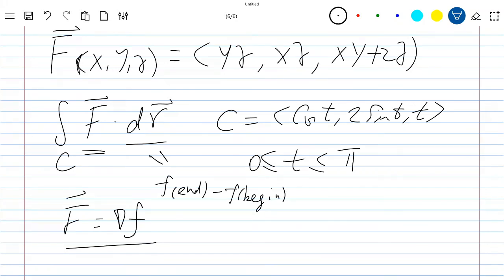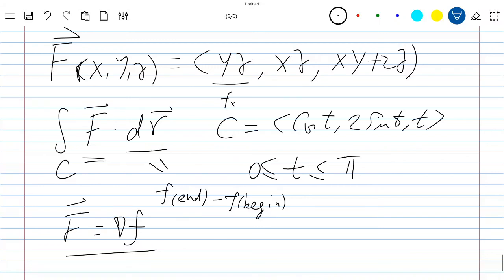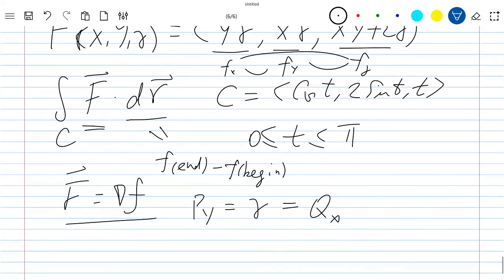Alright, let's see. Remember this is supposed to be the x derivative, this is supposed to be the y derivative, this is supposed to be the z derivative. So let's check their cross derivatives. So let's see. Py and qx. Take the y derivative, you get z, and the x derivative here, z. Good.